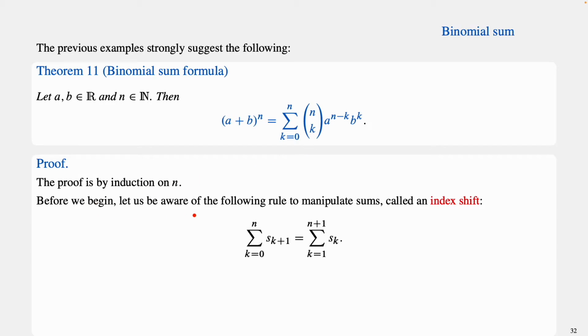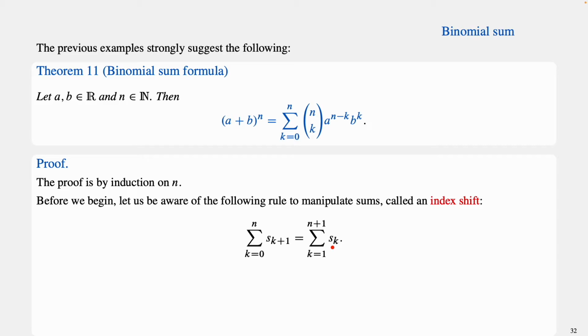And first I want to make you aware of the following rule to manipulate sums, which is called an index shift. So if we have a sum from k equal to 0 to n of some expression s where k plus 1 appears in the expression, so it depends on k plus 1, then we can rewrite this as the sum from k equal to 1 to n plus 1 over the expression s with k appearing in it.